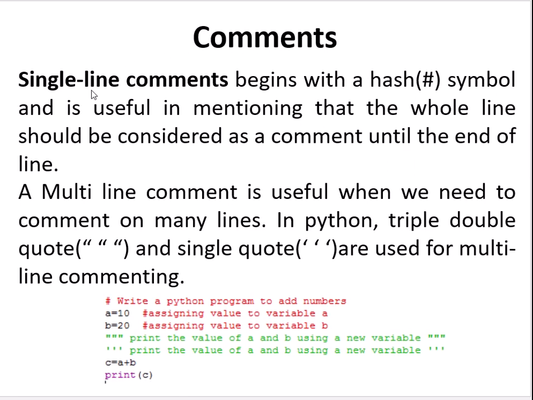Comments: single line comment and multi-line comment. A single line comment begins with a hash symbol, and it is useful to mark that the whole line should be considered a comment until the end of the line. A multi-line comment is useful when we need to add a comment over many lines.